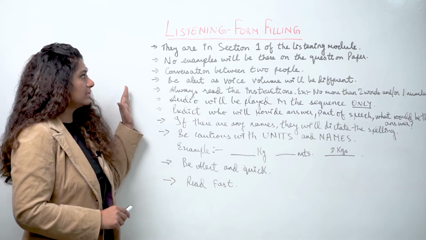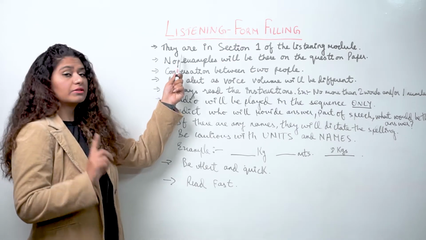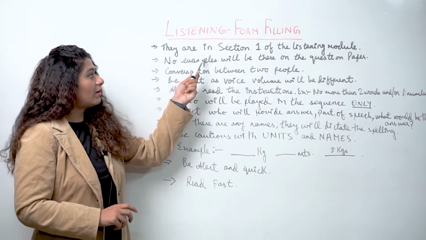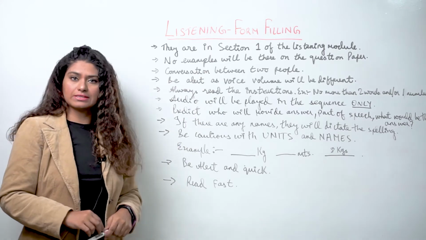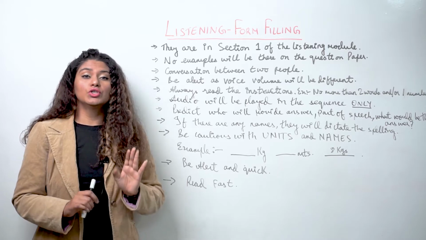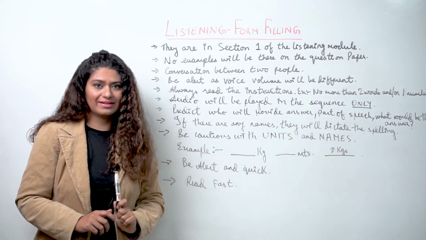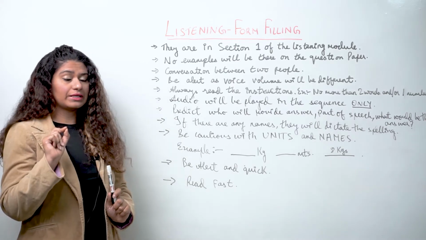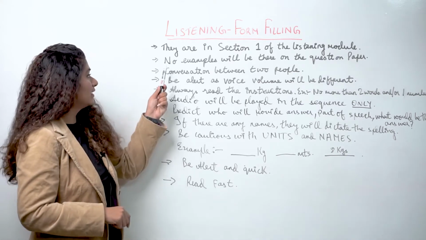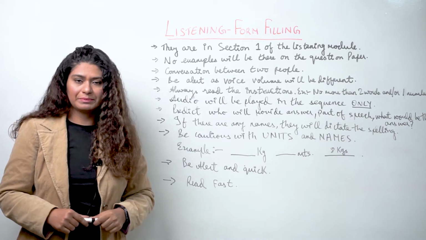Now let's discuss in a little more detail the form filling type of questions. The first and most important thing to know is that they are in section 1 of the listening module. So as soon as you start the listening section, you would come across these kinds of questions in section 1. Now there's a difference in the kind of tests you would be facing in 2021: no examples will be there on the question paper.